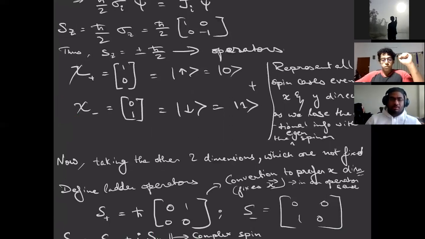For spin up, plus h bar by 2, you have this vertical matrix, the column (1, 0), that represents your positive spinor, and then you have the analog to that, which represents the spin minus half.